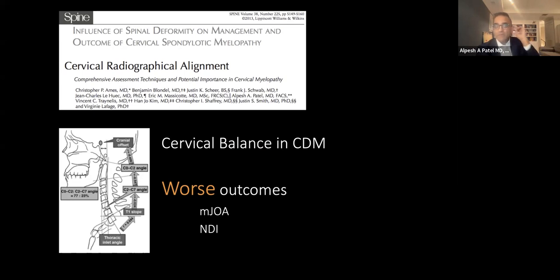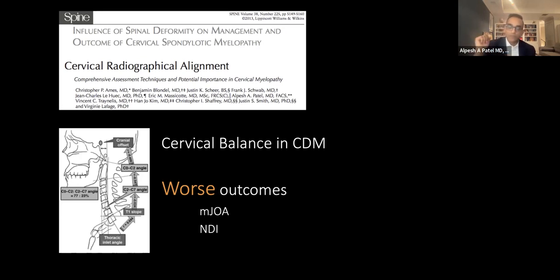I think this specifically was mostly posterior-based procedures. They ran through a bunch of radiographic measures to see if they could correlate any radiographic findings preoperatively and postoperatively with functional outcomes. What they identified was that patients who had worse cervical balance, so the more forward their head is, the worse the neurological outcomes were.